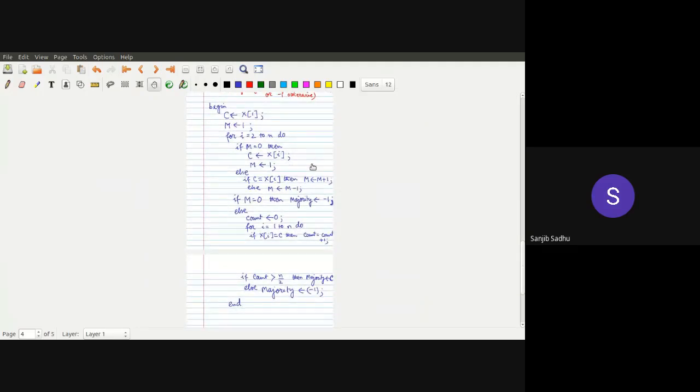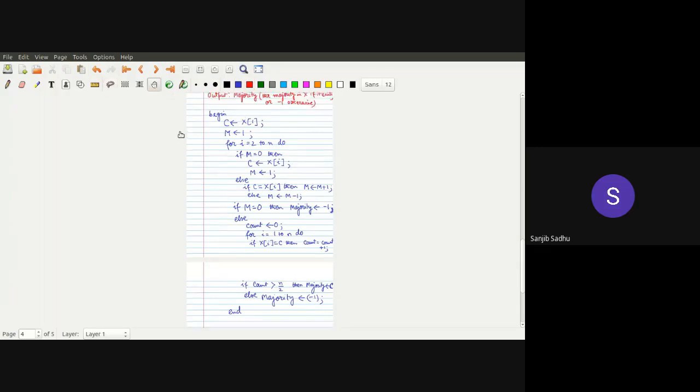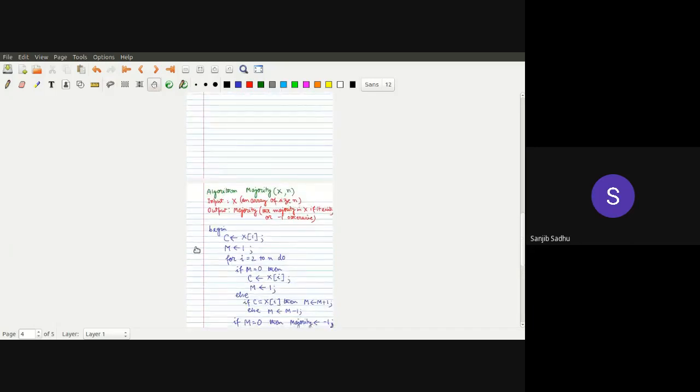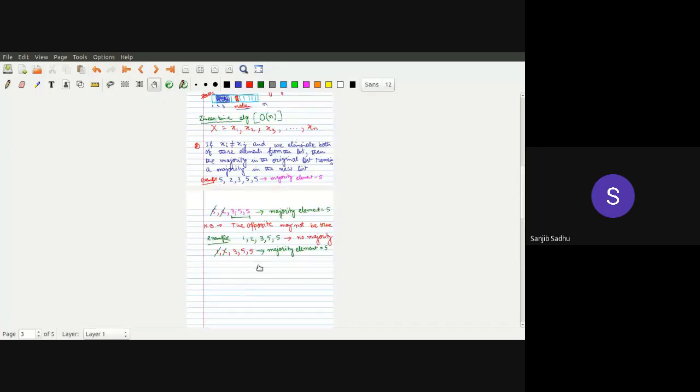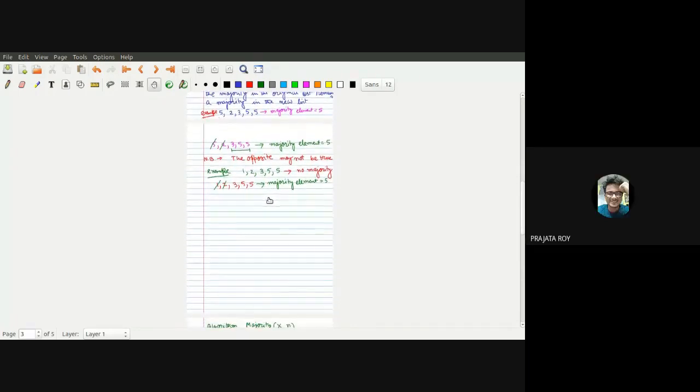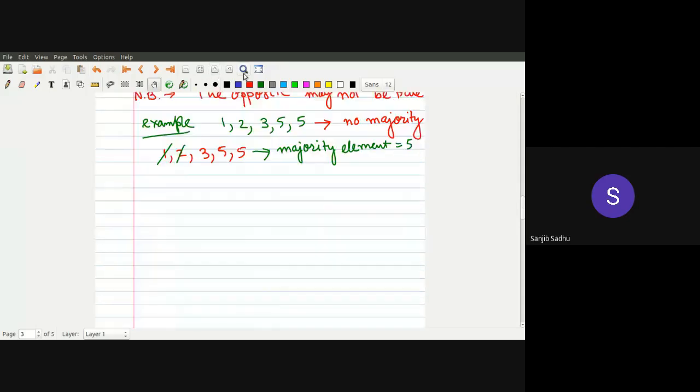Okay, then see what we are doing. Please try to visualize yourselves, because I cannot show the array again. x is equal to x1 to xn. This is the array: x1, x2, x3 up to xn.